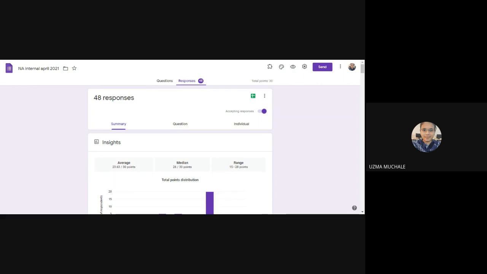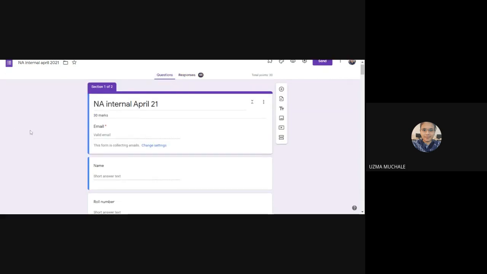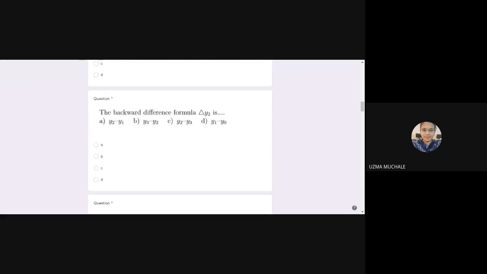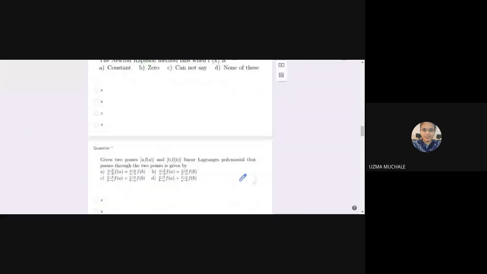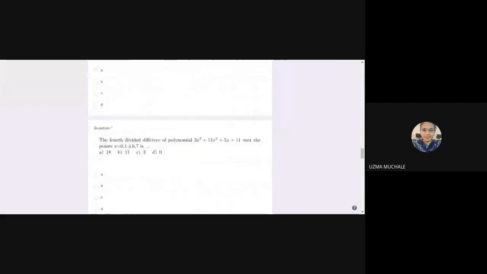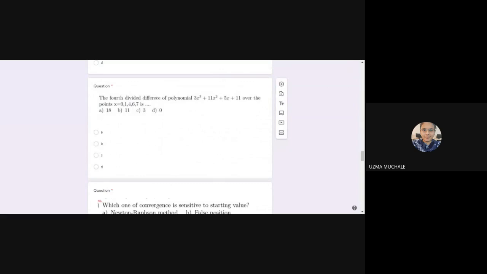And the next one we have discussed is, I think, the 11th question. Many of you have written the option as D, but D is equal to 0, that is the correct option. So that's why I have given one more mark for them.